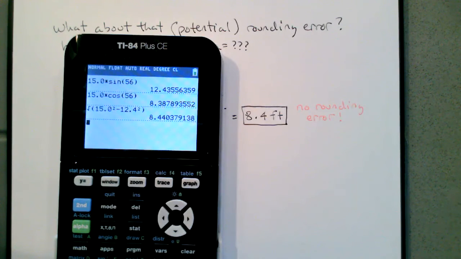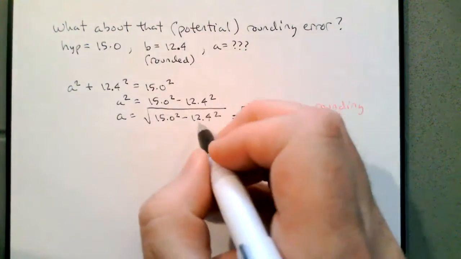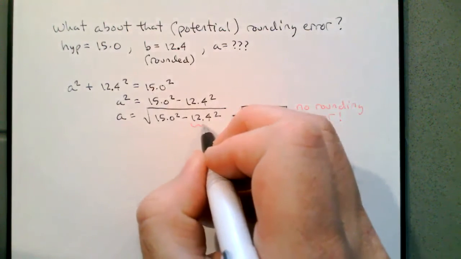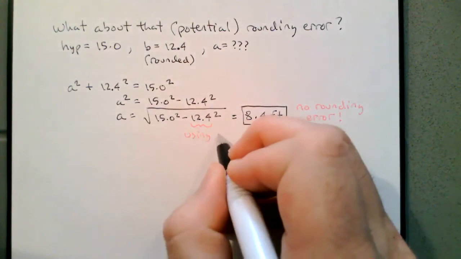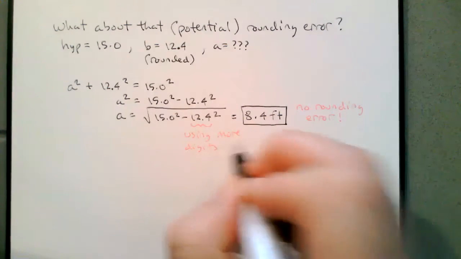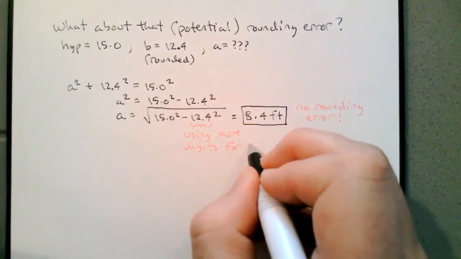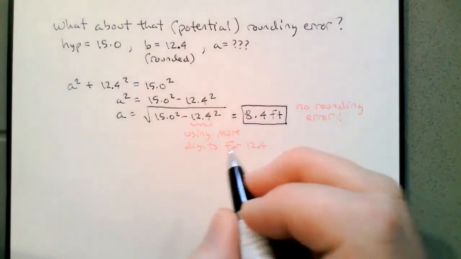Now, we can avoid this rounding error by using more digits for the 12.4. So there's no rounding error in this case, but using more digits for 12.4 will reduce rounding error.